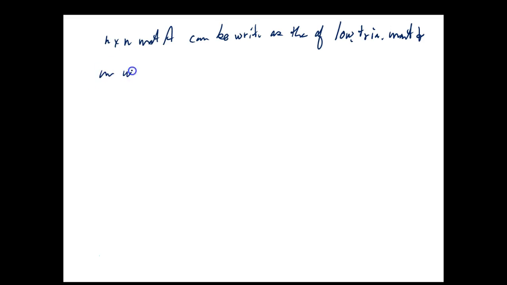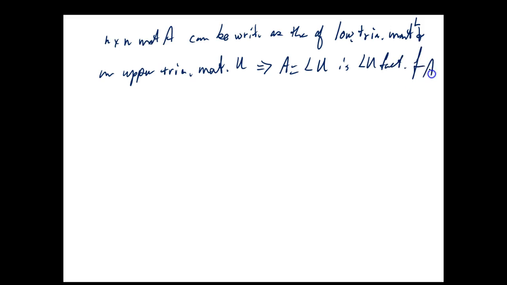If the n by n matrix A can be written as the product, and this time it is two, as the product of a lower triangular matrix L and an upper triangular matrix U, then A equals LU is called the LU factorization of A.